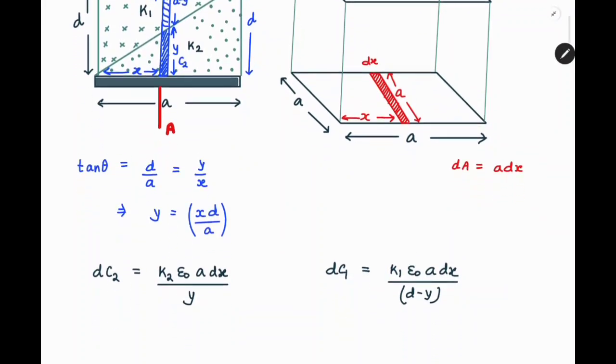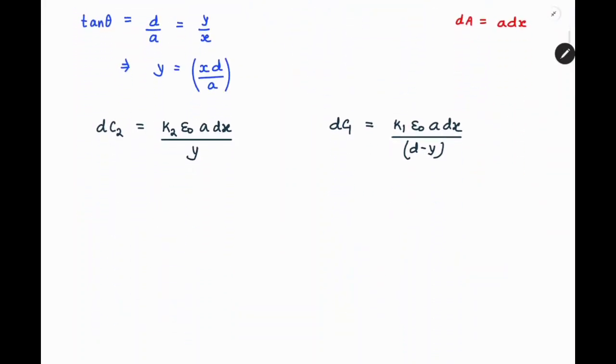Now these dC1 and dC2 are in series with each other. So 1 by dC series is equal to y upon K2 epsilon naught a dx plus d minus y upon K1 epsilon naught a dx.